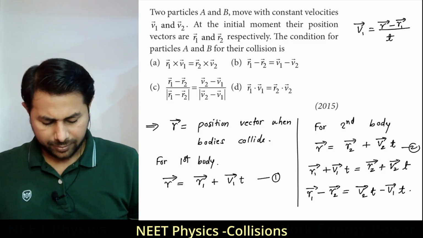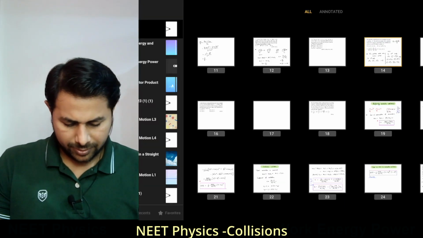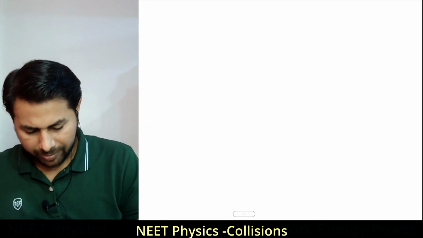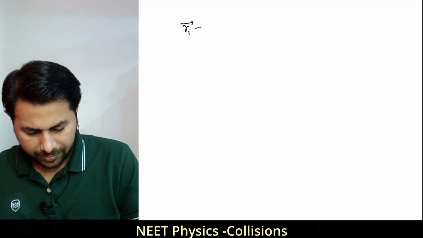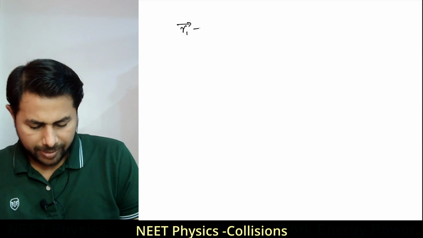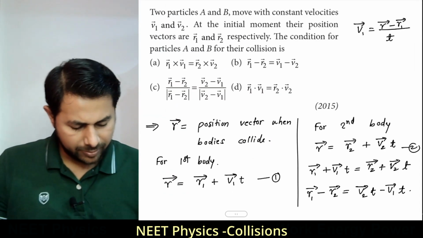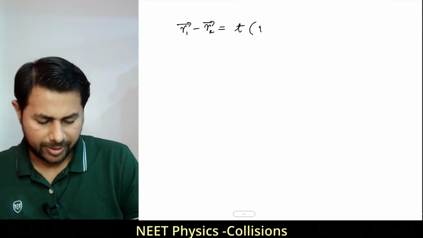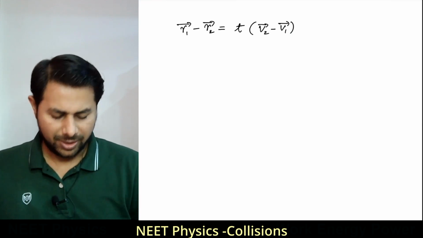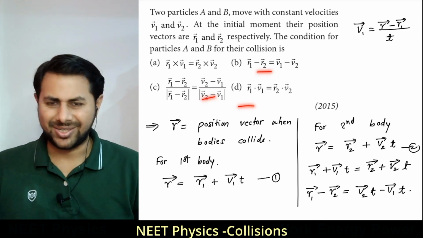Okay, then you can take t common, so r1 bar minus r2 bar is equal to t multiplied by v2 bar minus v1 bar. Okay, still nowhere close to any one of the options, right?